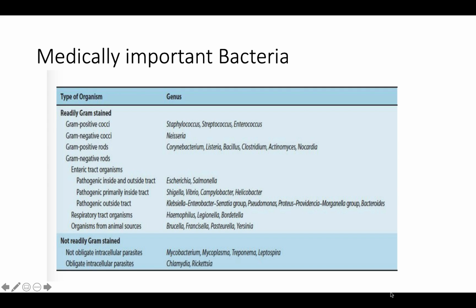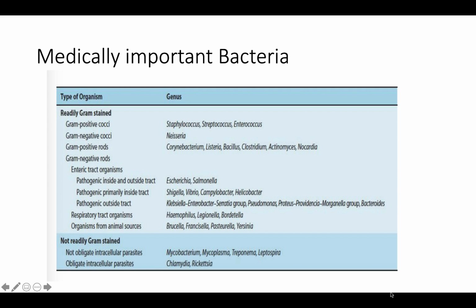For the gram-positive rods, we will talk about the important anaerobes, which will be Clostridium and Bacillus. Then we will talk about the other gram-positive rods, Corynebacterium diphtheriae which causes diphtheria, and Listeria. And it's good to know about Nocardia and Actinomyces as well.